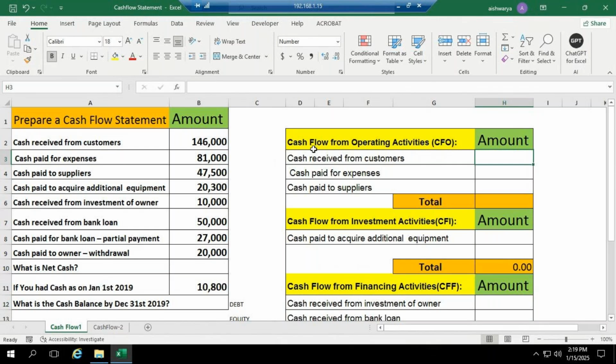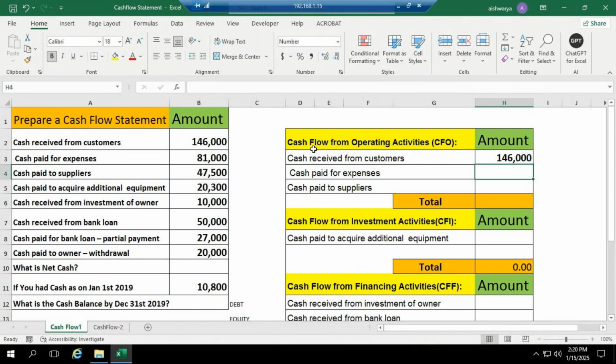If the money is coming in, then we have to put plus the amount. So, cash received from the customers, you put here as 1,46,000. Here it is received only, so that's why plus 1,46,000 rupees.